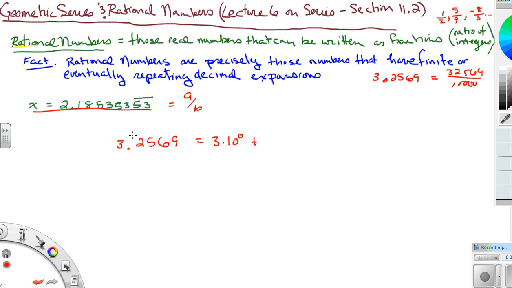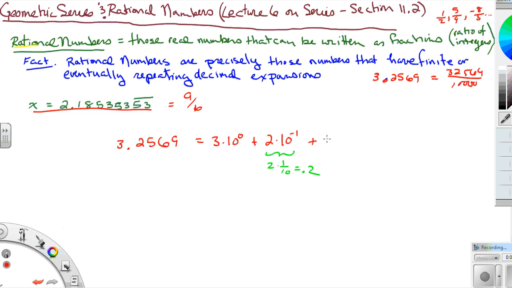This 2 is in the -1 place. We think of that as 2 times 10 to the -1. Right? 10 to the -1 is 1/10. So let me just make sure this makes sense. This is 2 times 1/10, which of course is 0.2, right? That's this. And then we've got, this is the 10 to the -2 place.